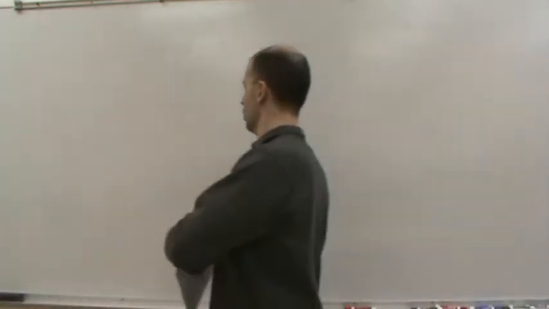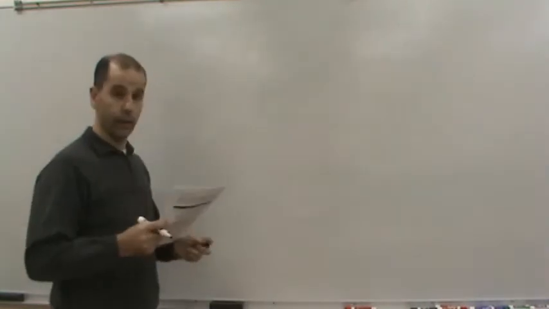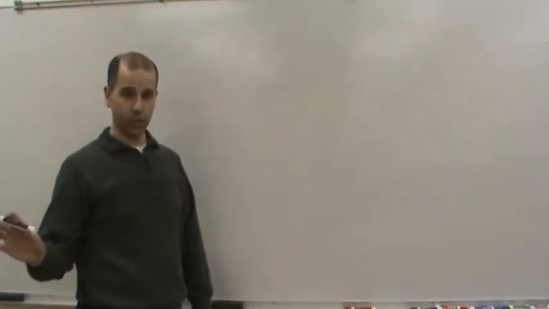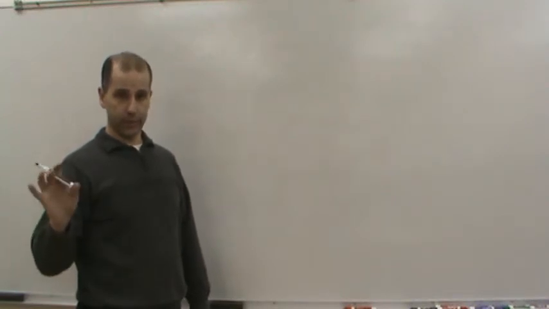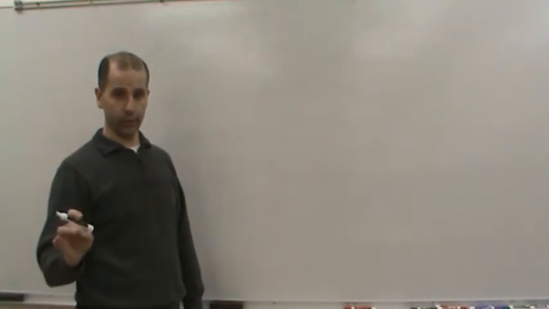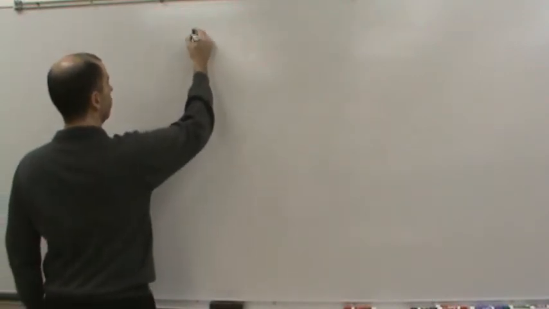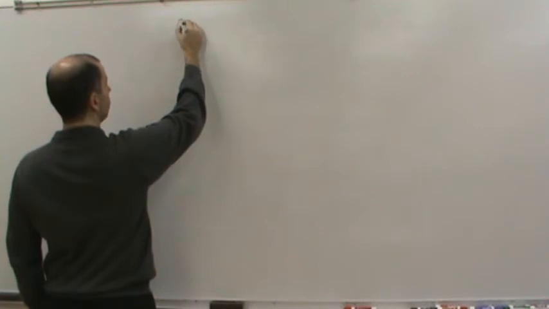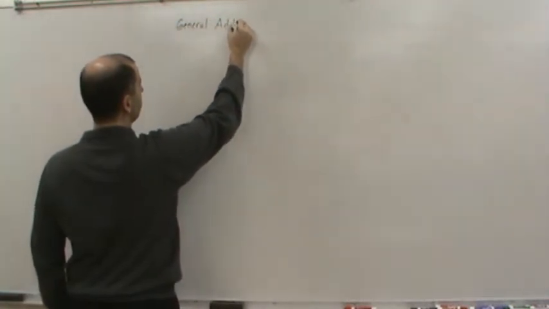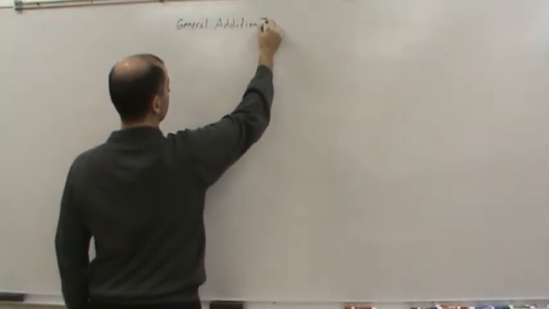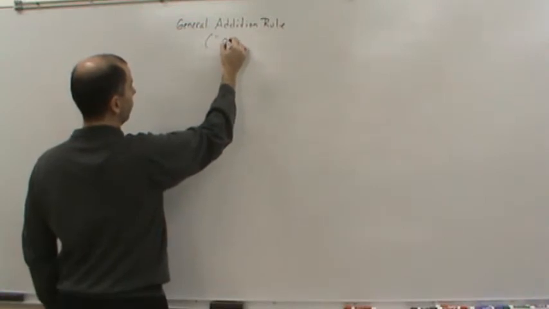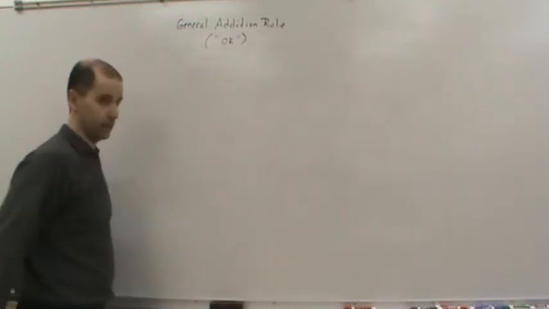The general rule applies to any situation dealing with this particular connective, and the connective that we're going to start with is the OR connective. So this would be the general addition rule, dealing with OR statements.